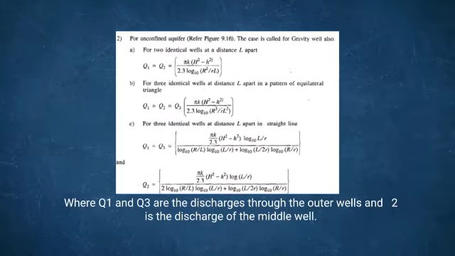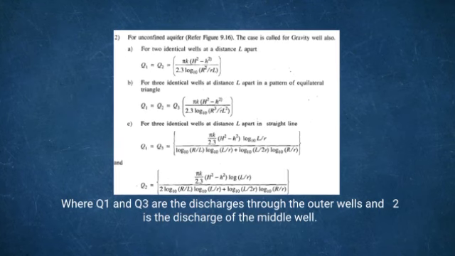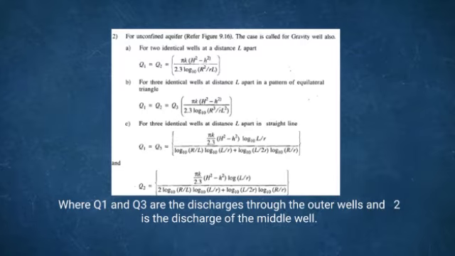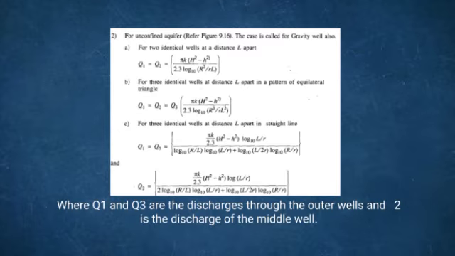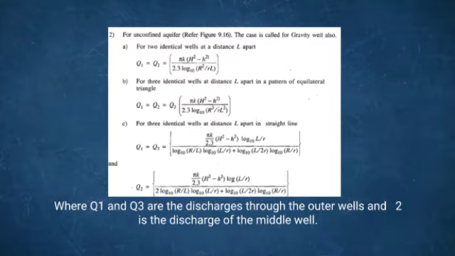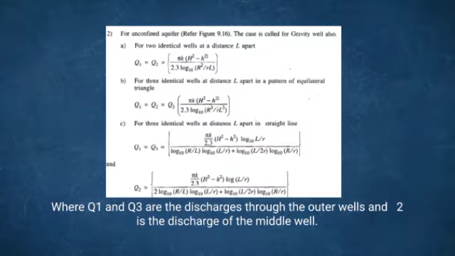For an unconfined aquifer, the case is also called a gravity well. For two identical wells at a distance L apart, Q1 = Q2 = πK(H² − h²) / [2.3 log10(R²/(rL))].